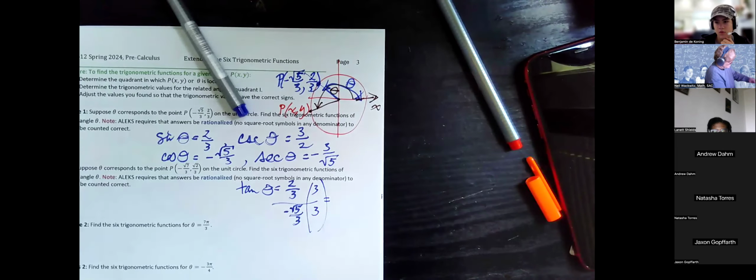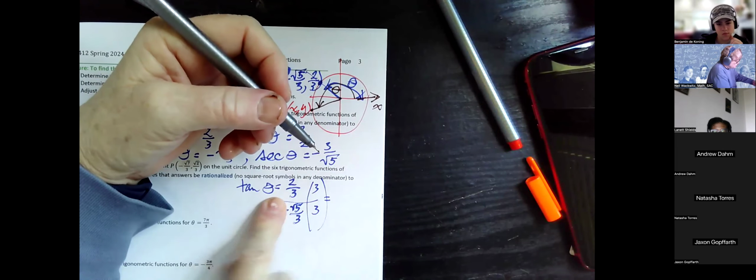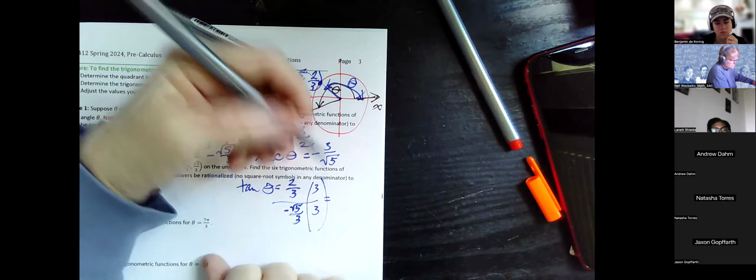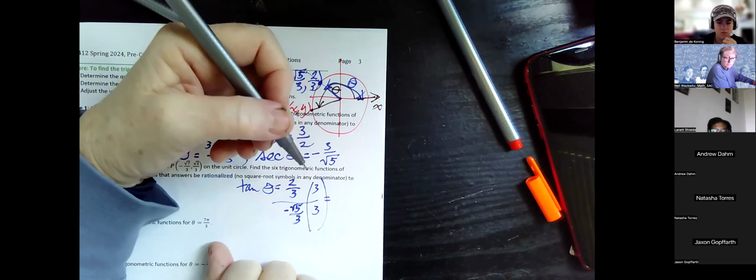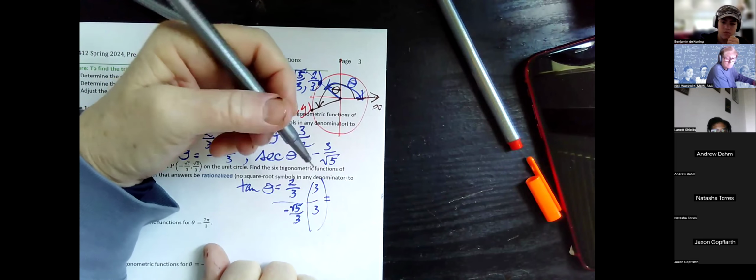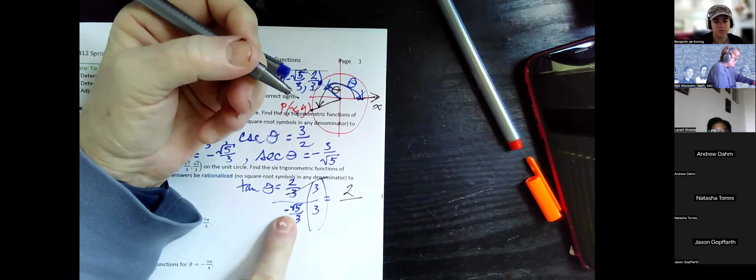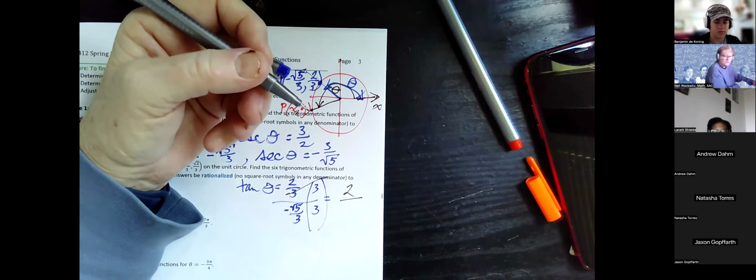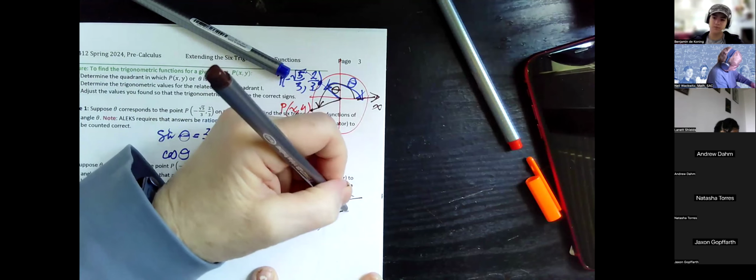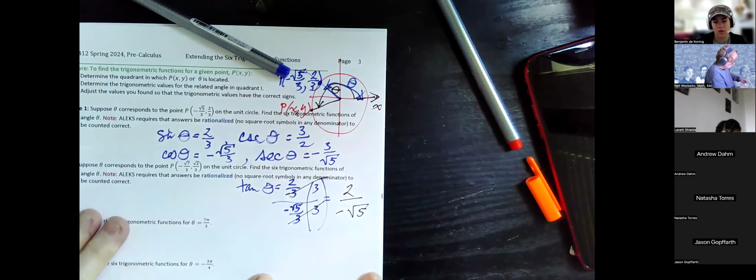Divide is faster. Yes. Okay, so 2/3 times 3 is, what divides out? 3. Good. And we end up with 2. And negative square root of 5 over 3 times 3, what divides out? 3. And we're left with negative square root of 5.